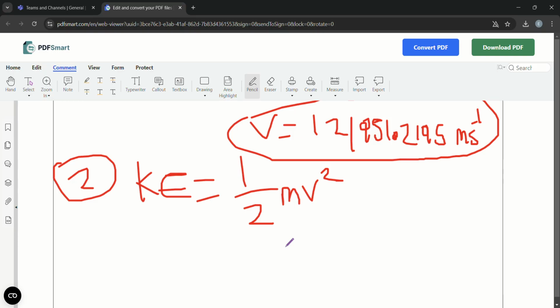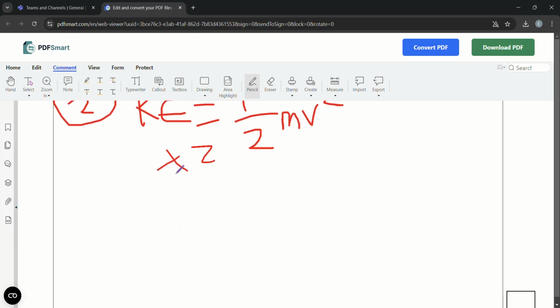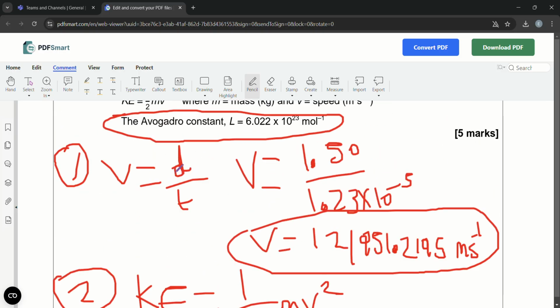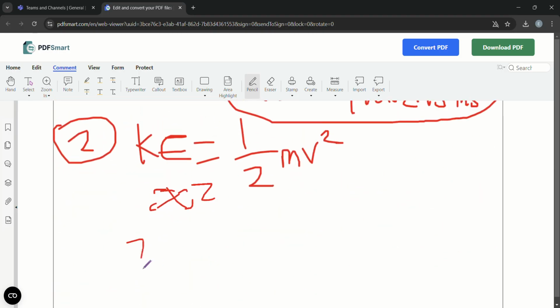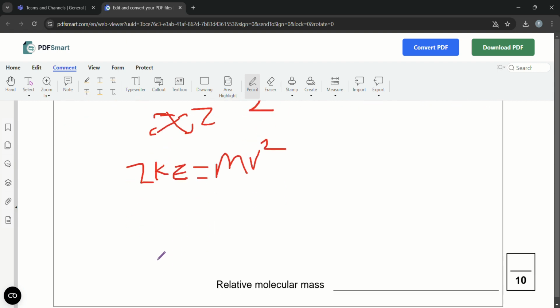We're trying to find m, so we times by 2 to get 2KE equals mv squared, so m equals 2KE over v squared.